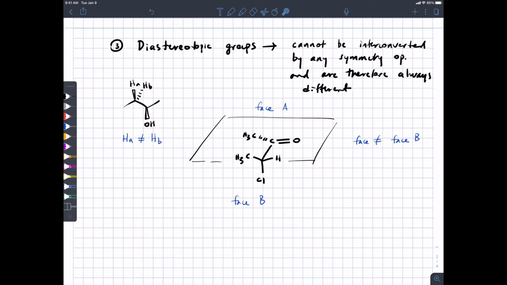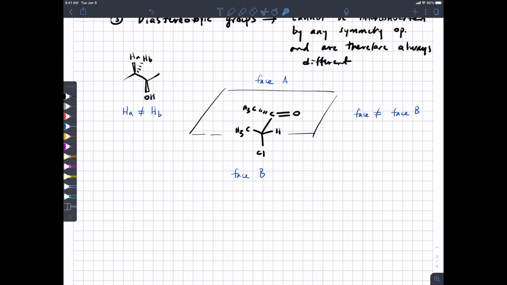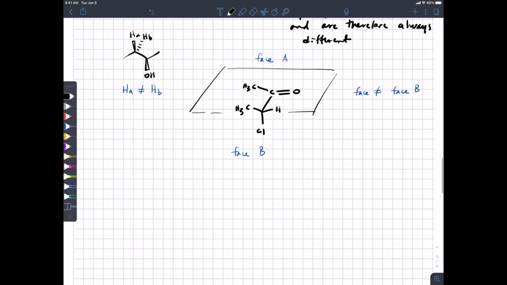Okay? To demonstrate that this is the case, let's imagine approaching from face A. I guess I didn't just draw a straight line there. So if we were to approach from face A, the methyl group would be on our right. And I think as we've drawn it, the chloro group would be away from us.